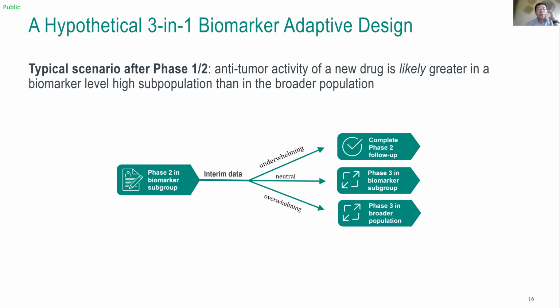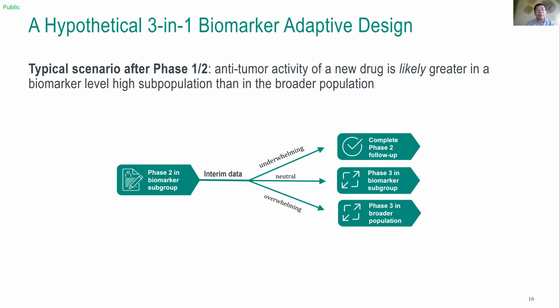Similarly, you can adjust the sample size instead of predetermining how many patients you can enroll after you pass this interim analysis. You can use the data to guide you how many. This is a more adaptive, more advanced statistical research, and there are already a lot of publications in the field.